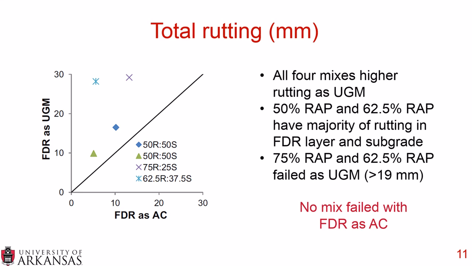So here we have, again, the exact same mix. It's actually failing when you categorize FDR as an unbound granular material, but it does not fail if you take the exact same material and you run the test and categorize it as a bound layer or an asphalt concrete layer. So this is a very interesting finding.